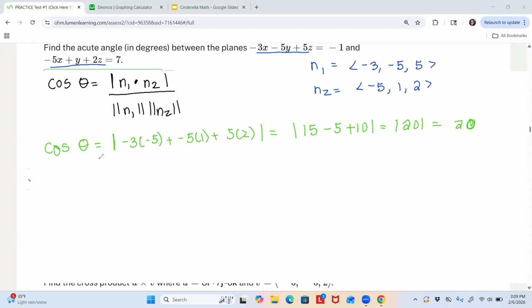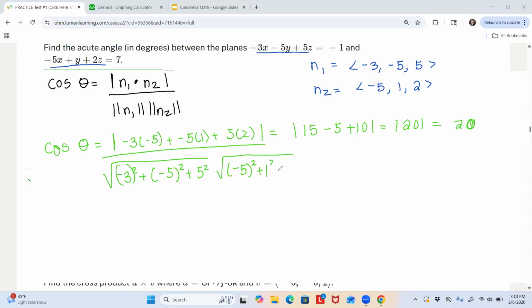And now let's do the bottom. So we'll do the magnitude of n1. That's going to be the square root of negative 3 squared plus negative 5 squared plus 5 squared. And then the magnitude of n2 would be the square root of negative 5 squared plus 1 squared plus 2 squared.